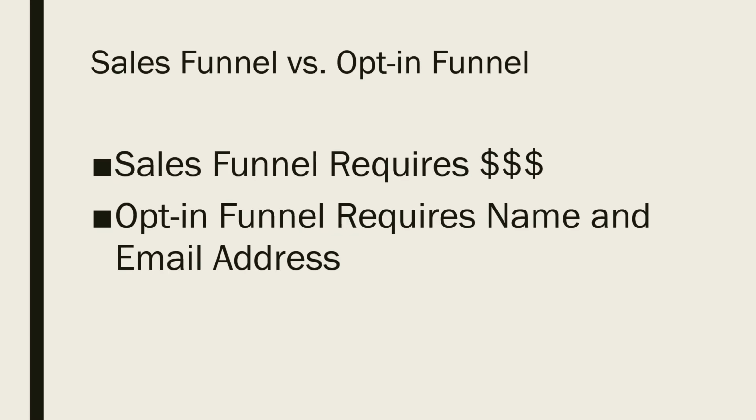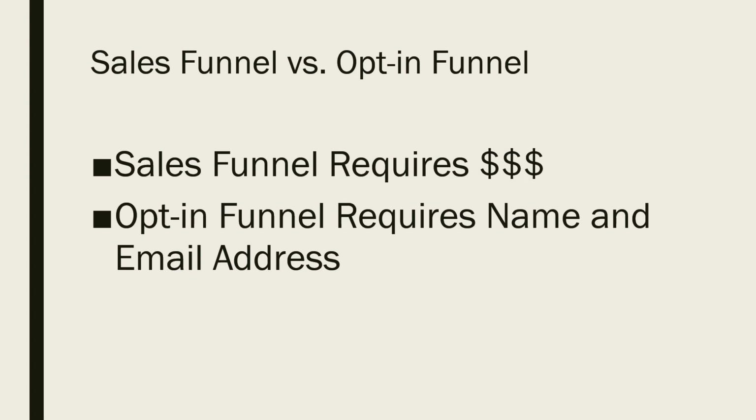So before we talk about the opt-in funnel, let's briefly talk about the difference between a sales funnel and an opt-in funnel. We hear all the time the big buzzword in online marketing right now is sales funnel. So what exactly is a sales funnel? A sales funnel is a front-end product that you have to buy. You've got to buy something to get into the sales funnel.